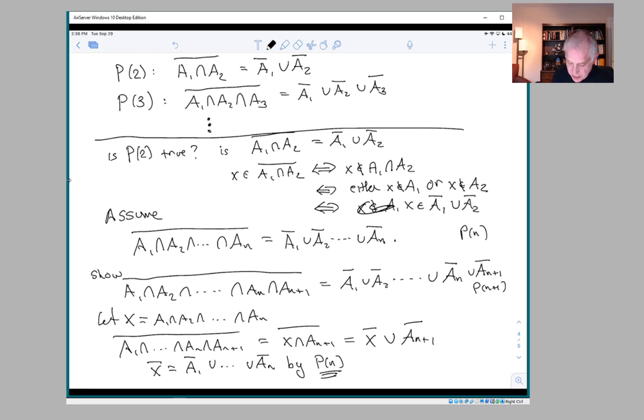And X bar, which is the complement of an intersection of n sets, is the union of the complements of those n sets. That's exactly what the assumption is. That's what P of n is. So therefore, this right-hand side here is A1 bar union up to An bar union An plus 1 bar. And now we've shown right here P of n plus 1.